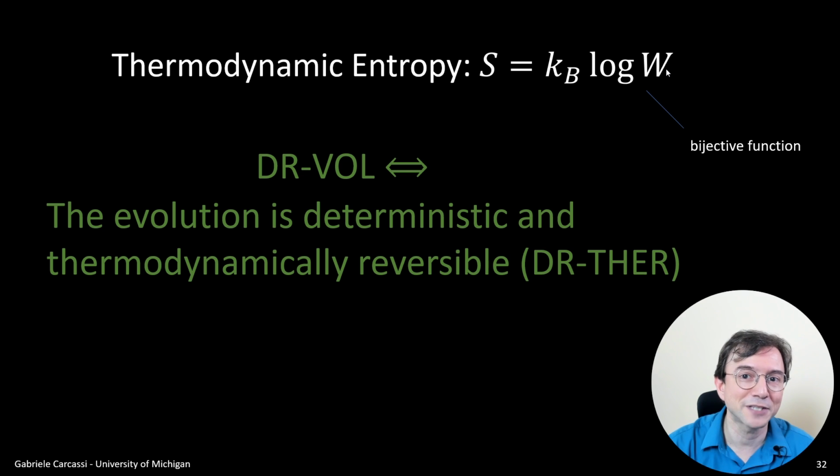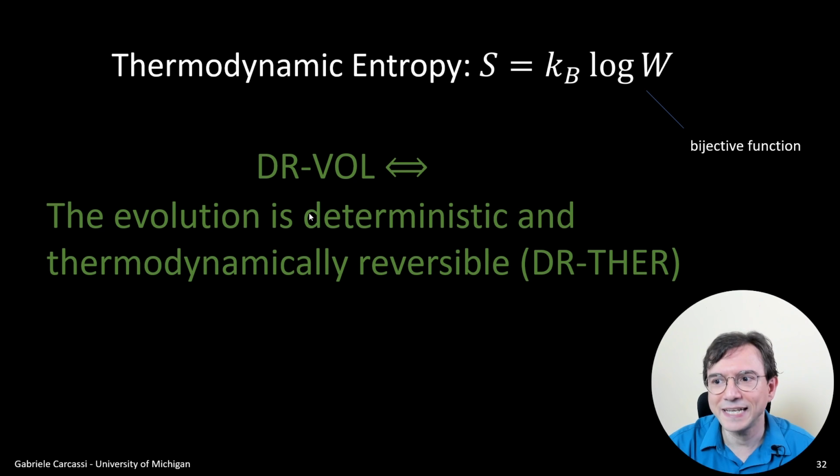So if area is conserved, then the logarithm of the area is conserved, therefore the entropy is conserved. So again, this is yet another characterization. The evolution is deterministic and thermodynamically reversible. The entropy is conserved, which gives us conservation of volumes, which gives us Hamiltonian mechanics in 1 degree of freedom.